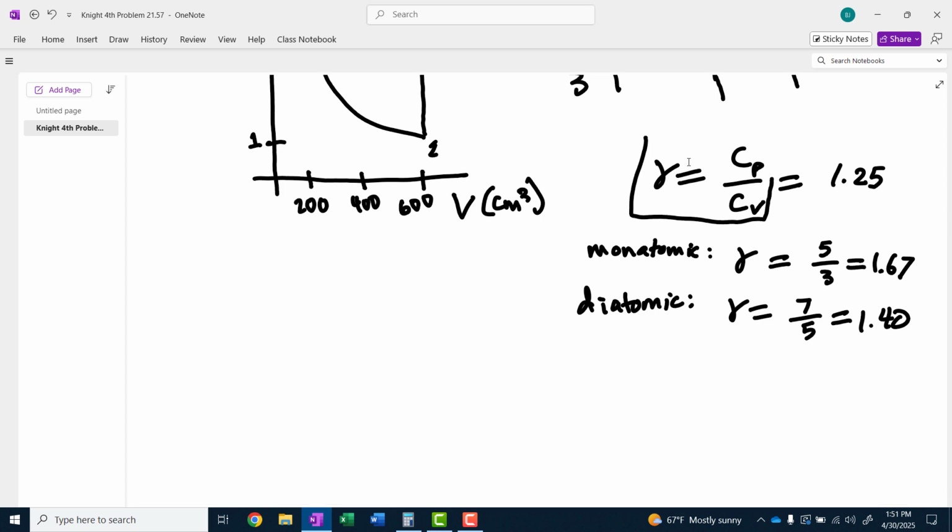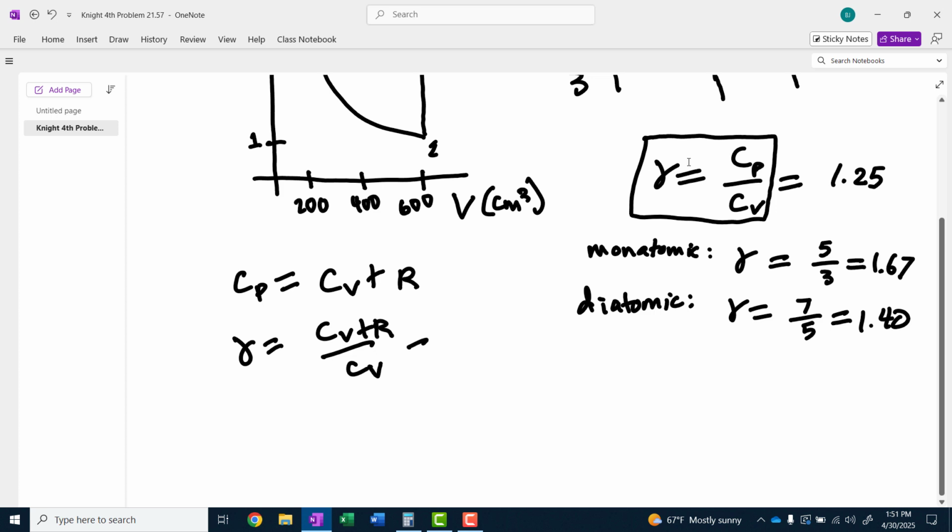But because of this definition, gamma as the ratio of the heat capacities, we can actually solve for both of those molar specific heats. So over here, I'm going to remind you that Cp is Cv plus R. So really, gamma is Cv plus R over Cv. And if we distribute Cv with division, that's 1 plus R over Cv.